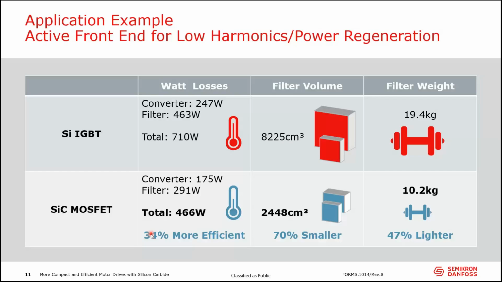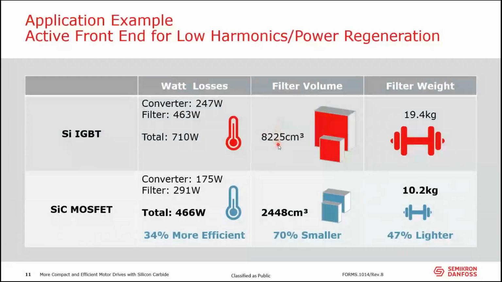As I mentioned, the filter can become a little bit smaller when you increase the carrier frequency. And it's actually not just a little bit, it's quite a big bit. You see the upper here, these boxes that would be the grid filter and the converter side choke. They would have over 8,000 cubic centimeters in volume.